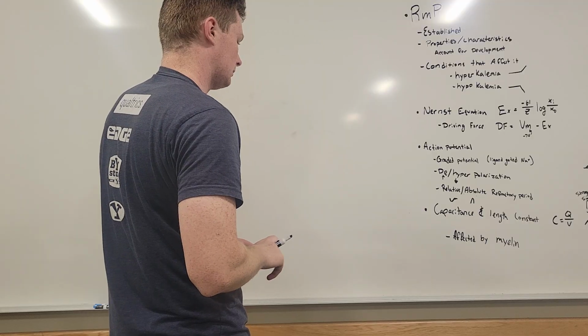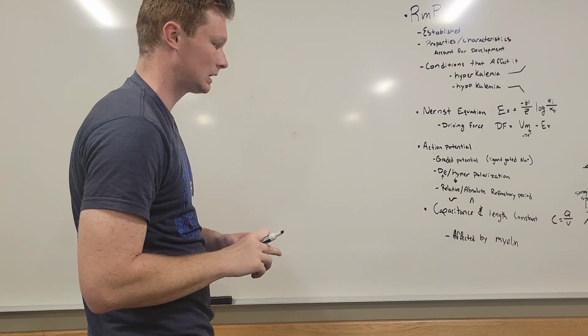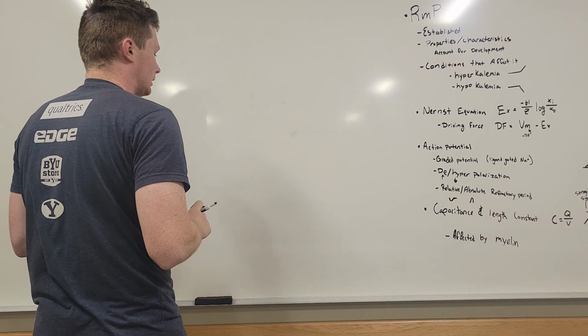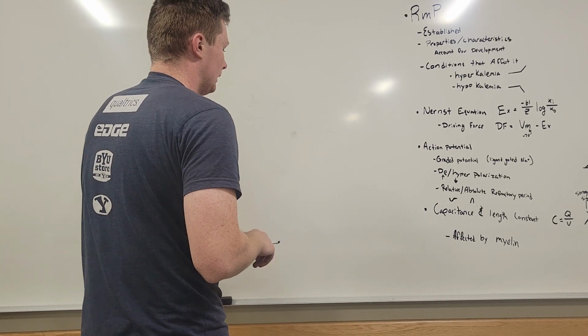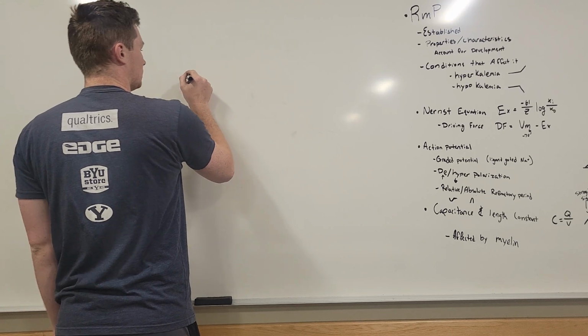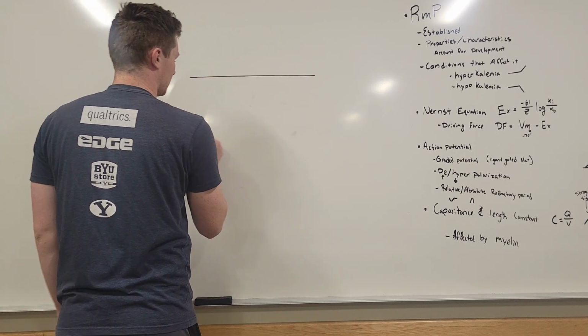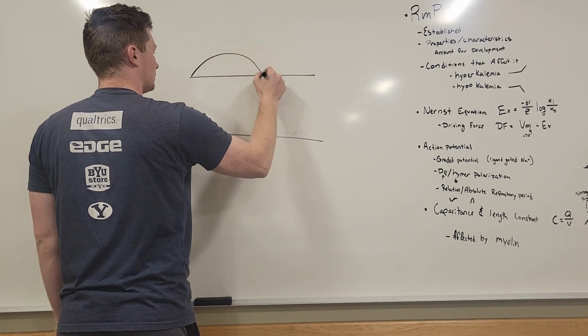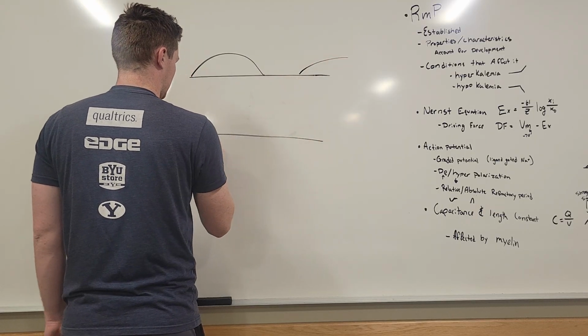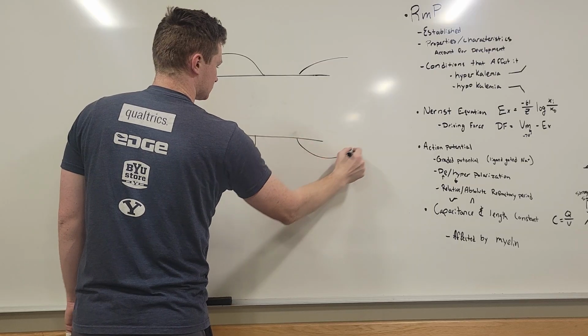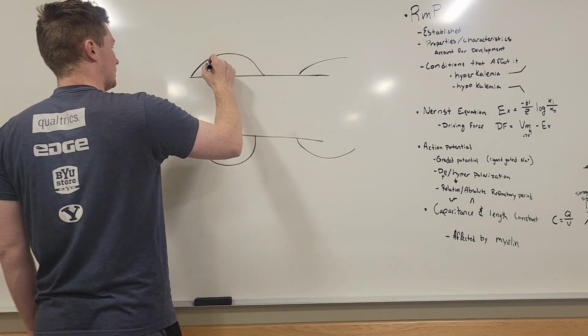Okay, let's go to capacitance and length constant. We're just going to explain how neurons work a little bit. So we're going to have a neuron. It's going to be a big neuron just because we have myelin. Okay, this is myelin.